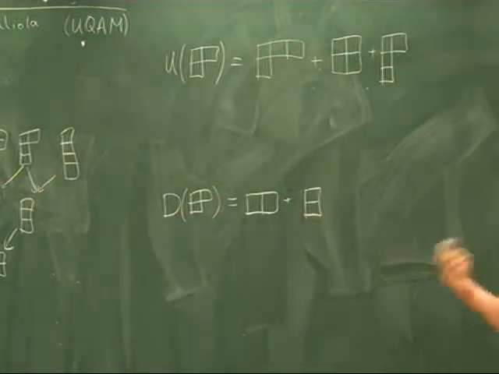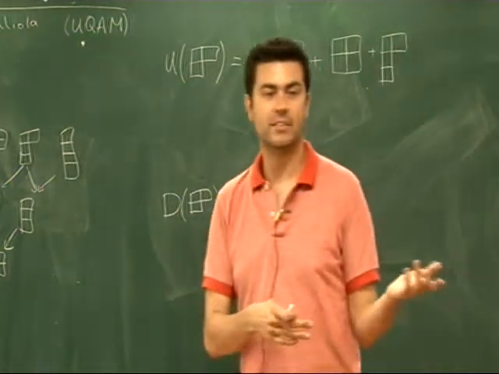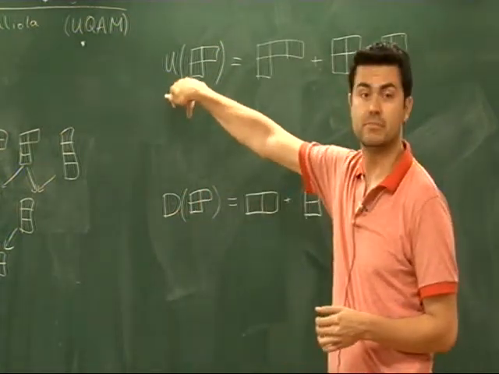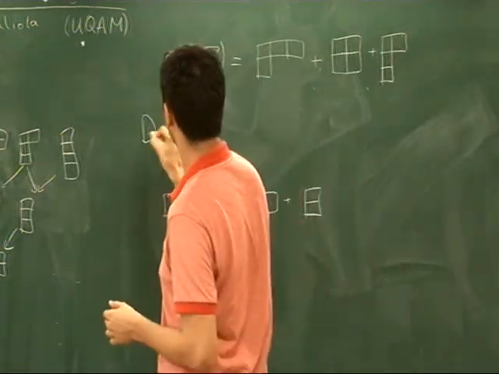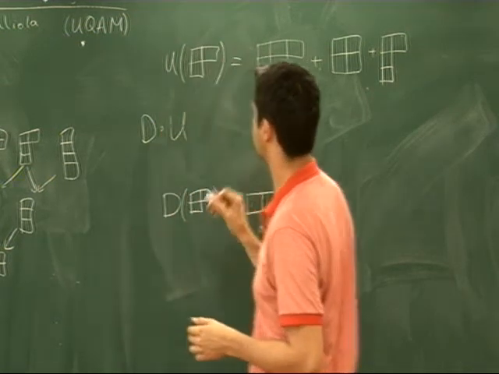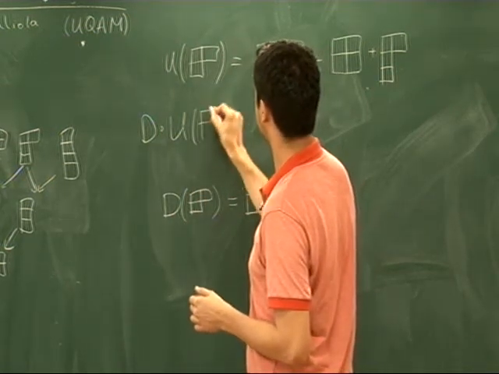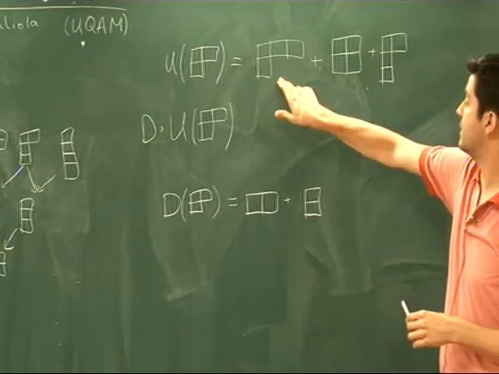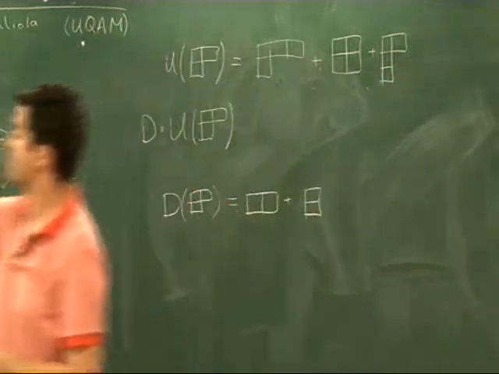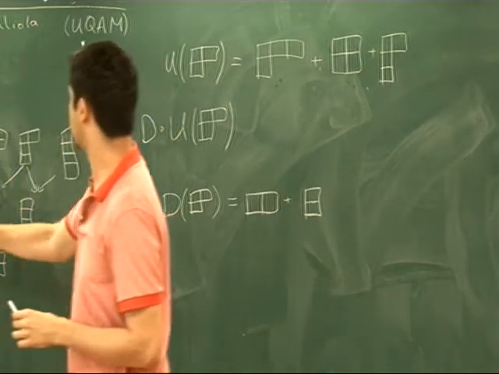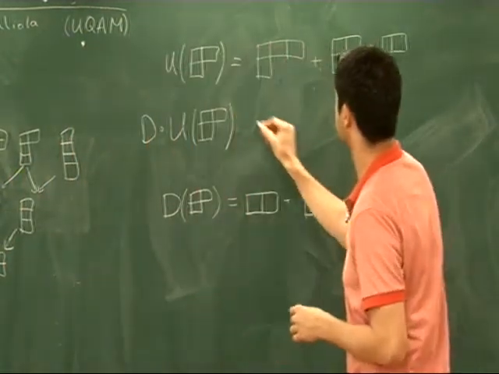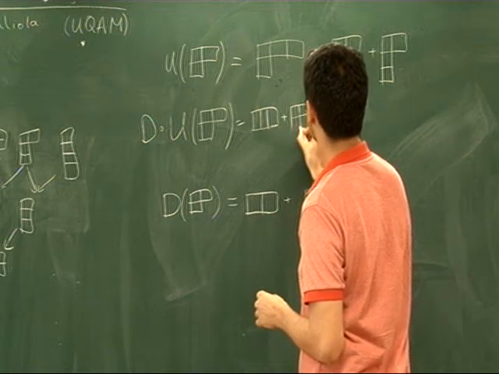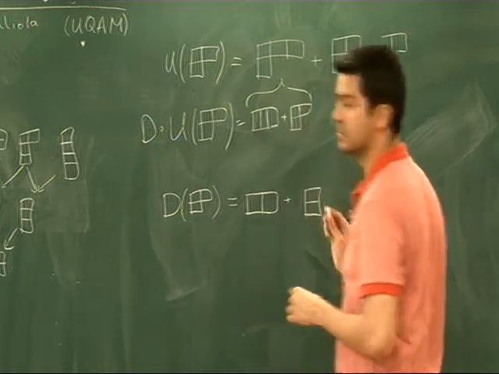Okay, now we can combine them. I can apply u and then d and just extend it linearly. So I can do, for example, d u of this, which is d of the sum of these three. And so d of 3, 1 is 3 plus 2, 1, right?